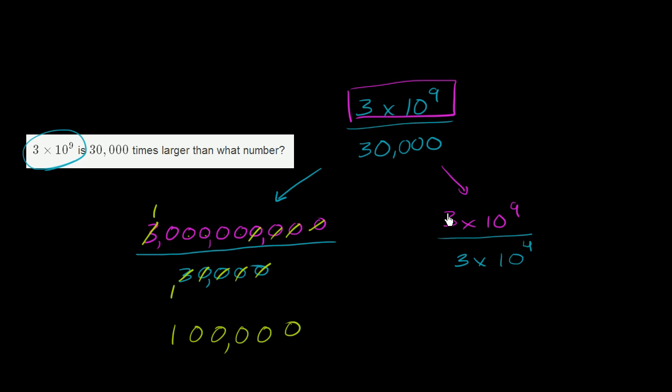And so we could divide the 3 by the 3, and then that will simplify. So 3 divided by 3 is just 1. And then 10 to the ninth divided by 10 to the fourth is going to be 10 to the 9 minus 4, 10 to the fifth. So it's going to be 1 times 10 to the fifth, which once again is 1 followed by 5 zeros, or the exact same thing as 100,000. So it's 30,000 times larger than 100,000.